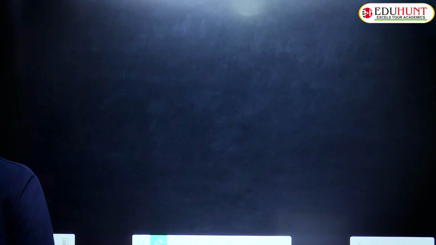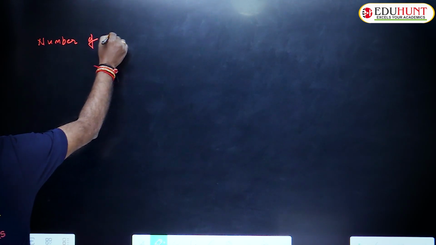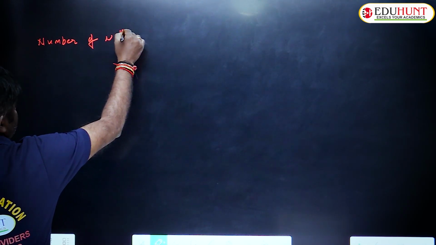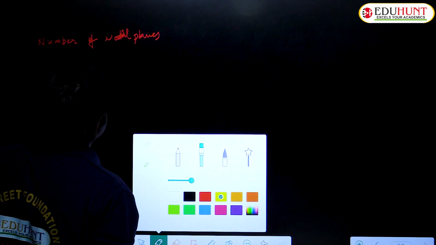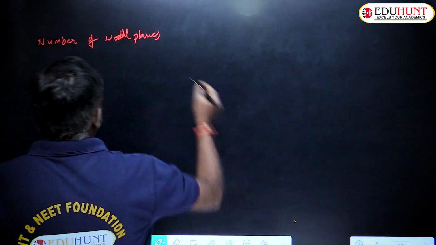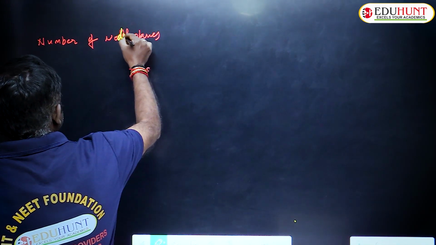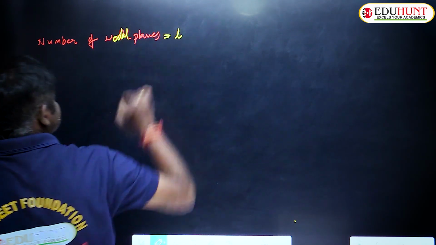The number of nodal planes is explained based on the magnetic quantum number. Generally, the number of nodal planes is equal to l.